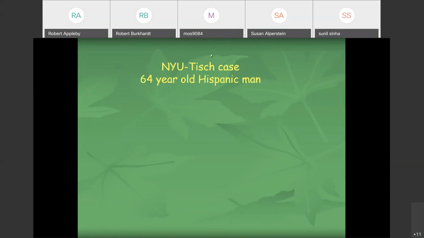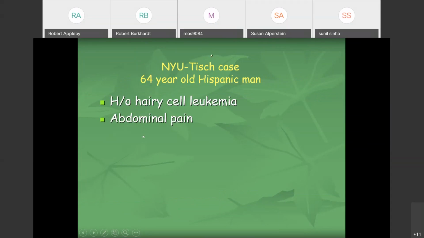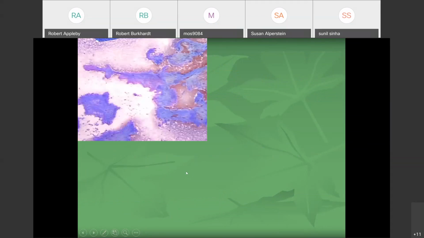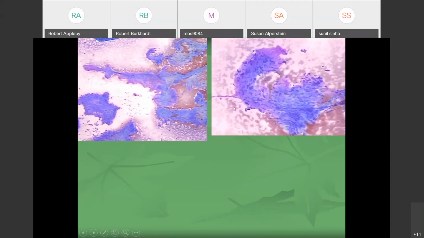And there's another type, this 46-year-old man, history of hairy cell leukemia, abdominal pain. CT scan shows heterogeneous liver with multiple areas of low attenuation. This is difficult, like mesenchymal tissue.